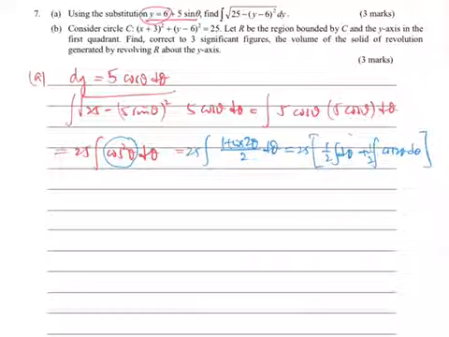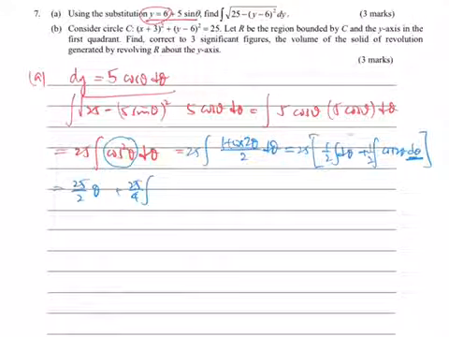And afterward we will change this variable, so the first part becomes 25 over 2 theta plus 25 over 4 integrate cosine 2 theta d(2 theta).